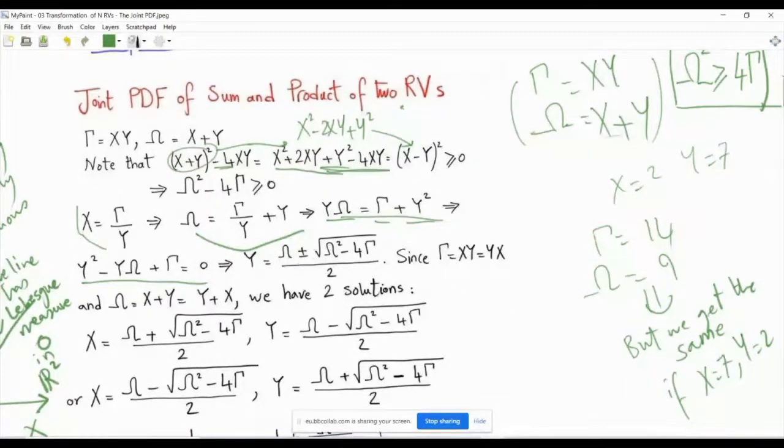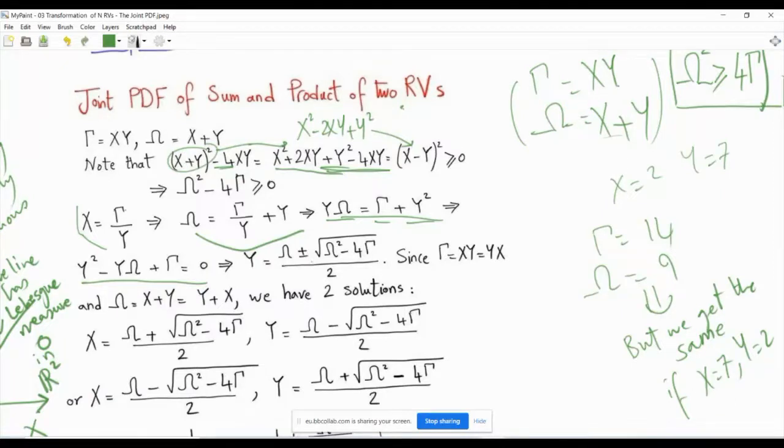We have two solutions, and one of them is y. If you take one solution and take gamma over that solution, you will get the other one. You can check that the product of the two solutions with the plus and minus sign gives you gamma.